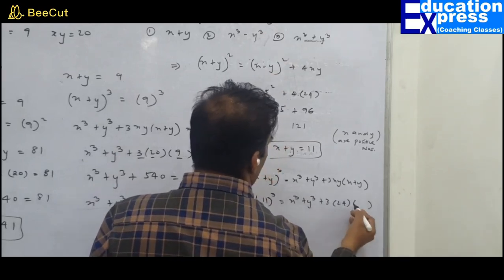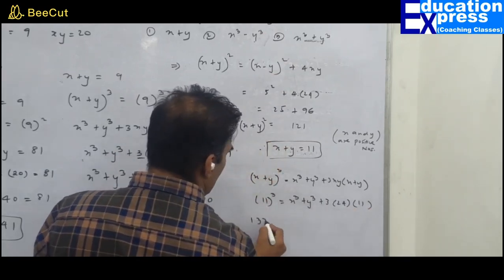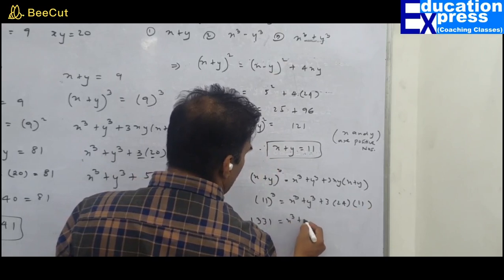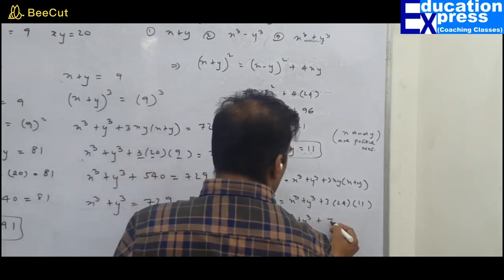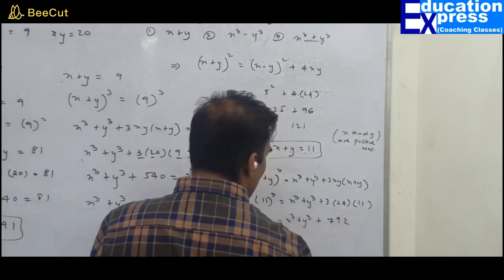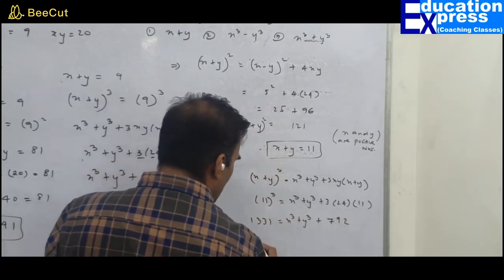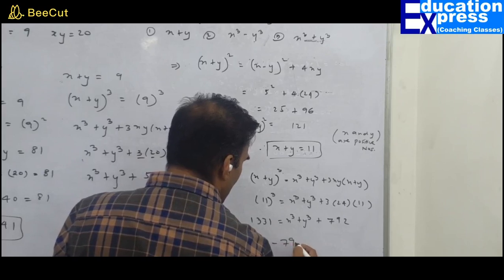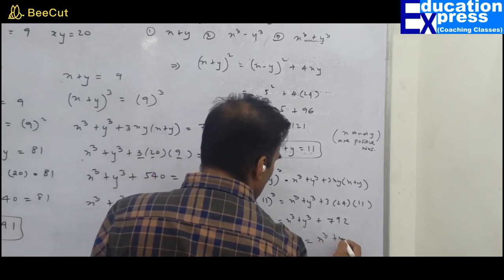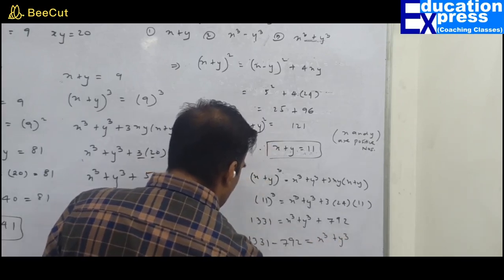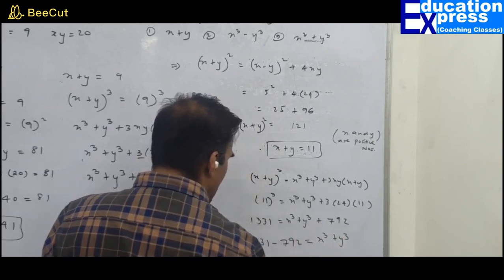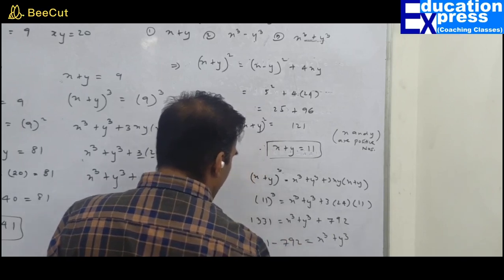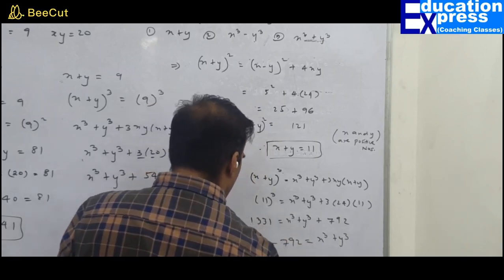And x plus y is 11. 1331 equals x cube plus y cube plus 72 times 11, which is 792. So 1331 minus 792 will be x cube plus y cube. Therefore, x cube plus y cube will be equal to 539.